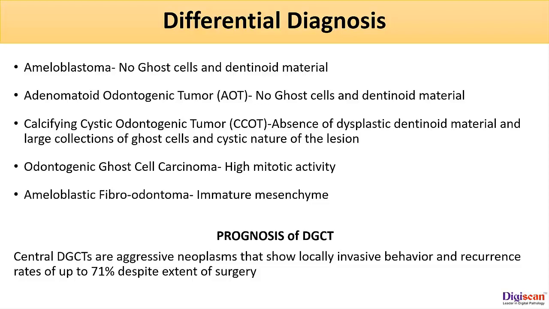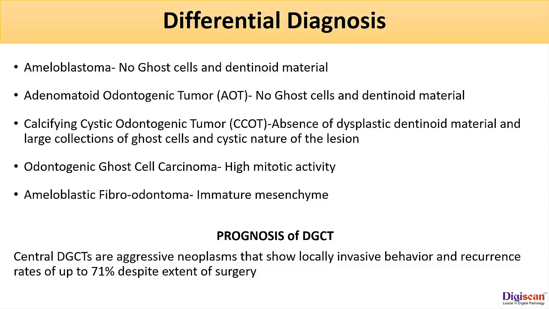Adenomatoid odontogenic tumor: no ghost cells and dentinoid material in AOT. Calcifying cystic odontogenic tumor: in this, there is absence of dysplastic dentinoid material, large collections of ghost cells are not there, and the lesion is cystic in nature.